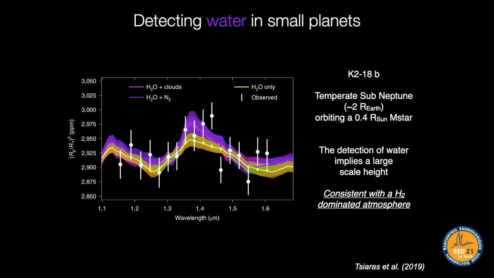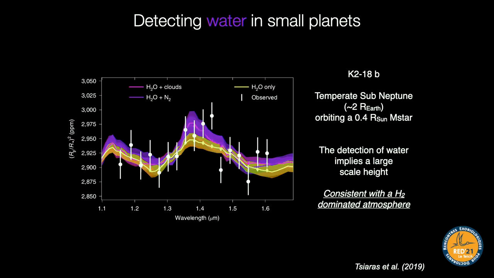What is interesting here is that this spectrum shows us the presence of water. That was very interesting, because it was the first detection of water for a planet that was this cold, and cold enough maybe to actually have water clouds in the atmosphere. This still points to the fact that this atmosphere is dominated by hydrogen, so it's not really what we would think of as a terrestrial Earth analog.